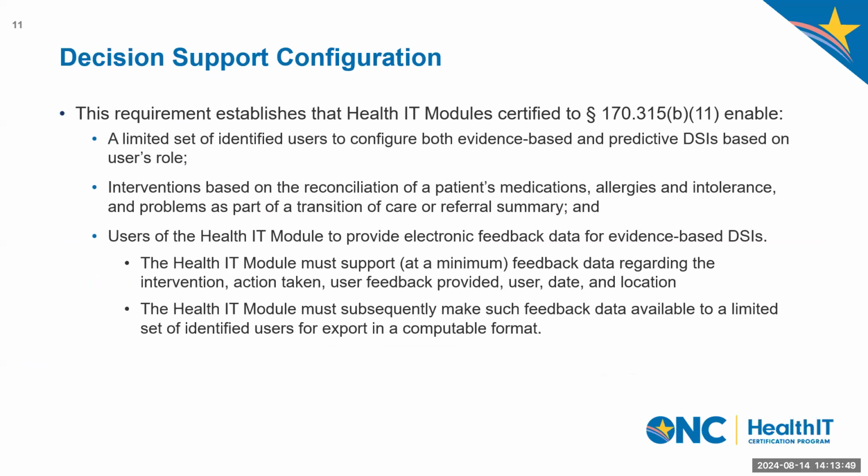They must enable a limited set of identified users to configure both evidence-based and predictive DSIs based on the user's role. Must enable interventions based on reconciliation of patient meds, allergies, and intolerance, and problems as part of transition of care or referral summary. And must enable users to provide electronic feedback data for evidence-based DSIs.